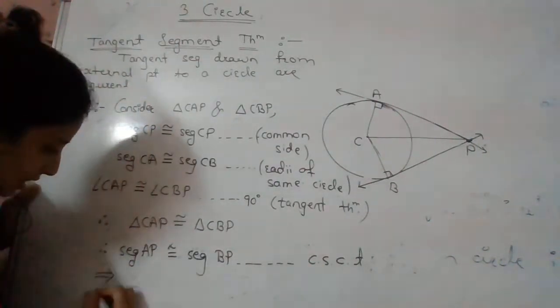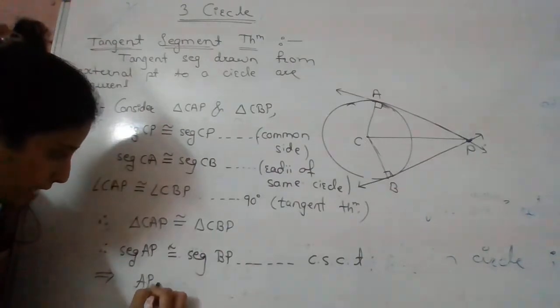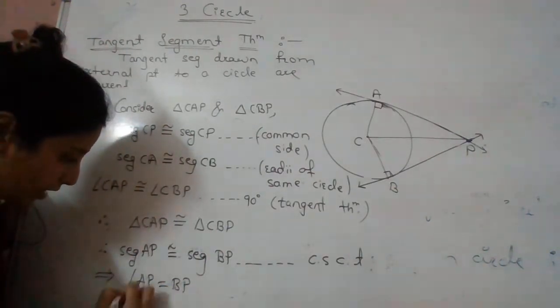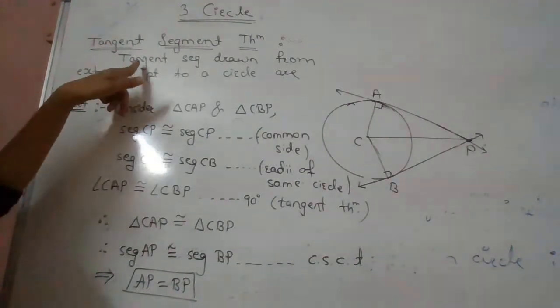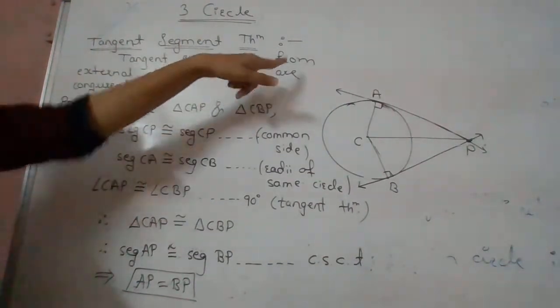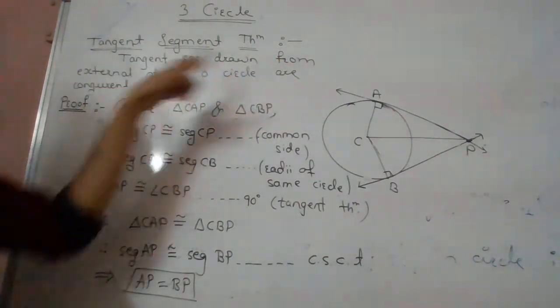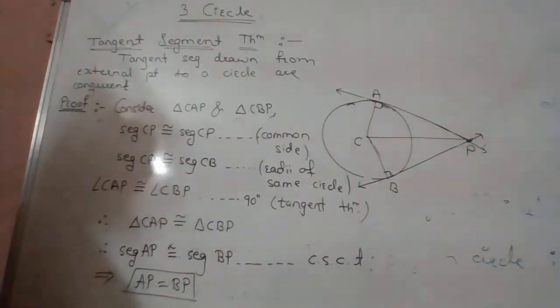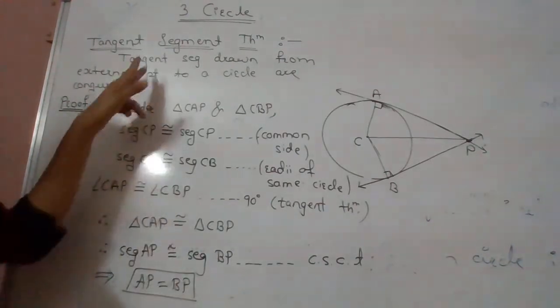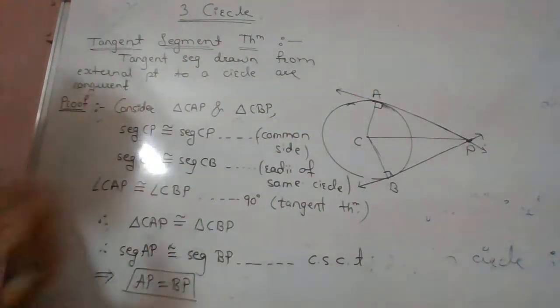This implies AP equals BP, that is, both tangents are equal. And what was my theorem? Tangent segments drawn from an external point to a circle are congruent. So finally I write: therefore, the tangents are congruent to each other.